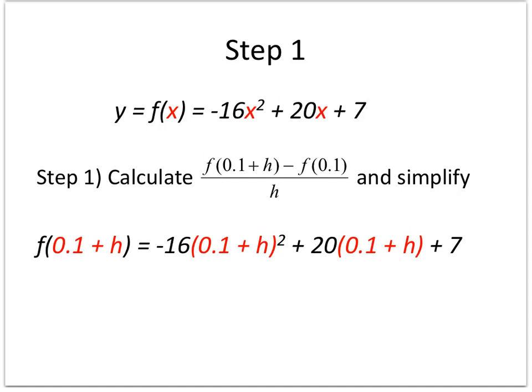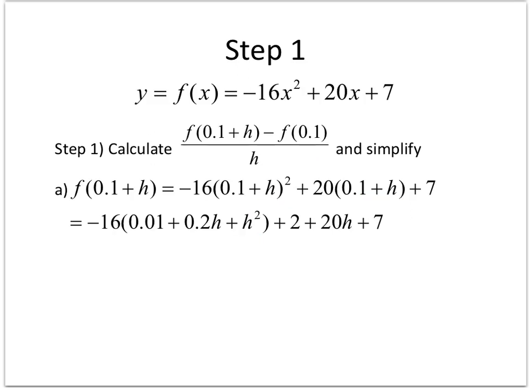We did this a few weeks back, some of the first group work in the course, so it's been a while. And this was a lot of the questions: how do I know to square that? Because your variable's squared. All you're doing is taking where you see an x and plugging in the 0.1 plus h. All right, now you have something that you can do algebra with. Don't leave me. Algebra now.